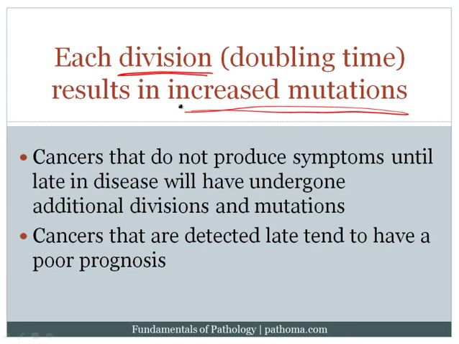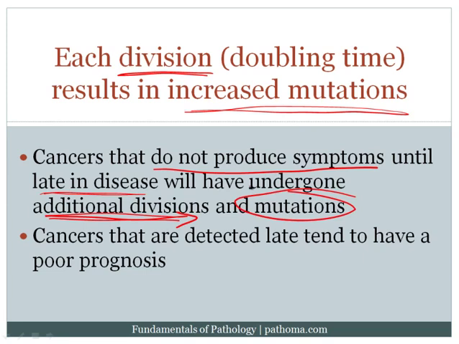One important principle is that if you have a cancer that doesn't produce symptoms until very late in the disease, it will have undergone additional divisions, which will then lead to additional mutations. Whereas the average tumor that reveals the earliest clinical symptoms will have divided 30 times and will then be detected, there are some tumors that get detected very late. For example, ovarian carcinoma.